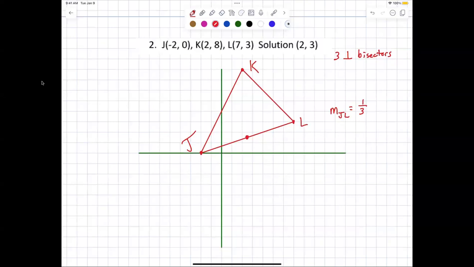Slope formula: y2 minus y1 over x2 minus x1. 3 minus 0 is 3, 7 minus -2 is 9. 3/9, 1/3. There you go.